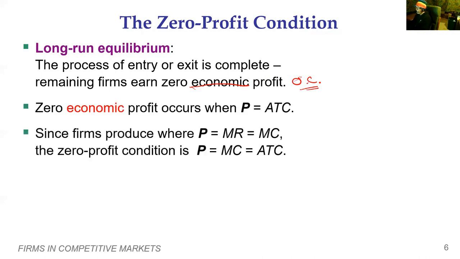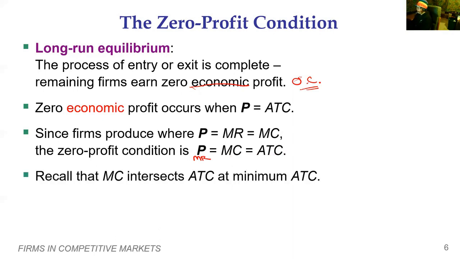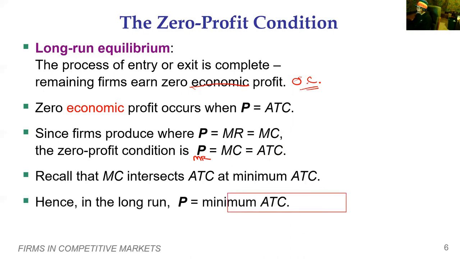So we're going to say that in the long run, what actually happens here is the zero profit condition exists. Price, which is also marginal revenue in a perfectly competitive market, will equal marginal cost, which will equal average total cost. So they're all going to end up converging in the long run.